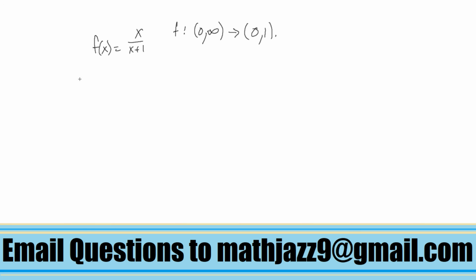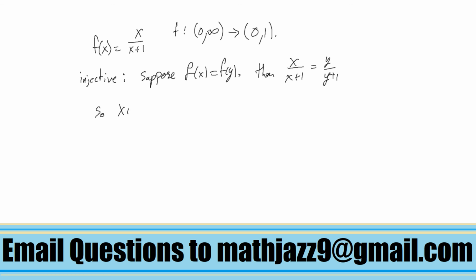So let's prove injectivity. Suppose f of x equals f of y, then x over x plus 1 equals y over y plus 1. We're just cross multiplying: x times y plus 1 gives us xy plus x, and then we have xy plus y.